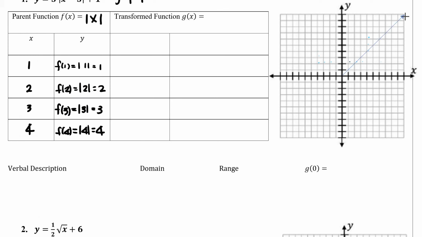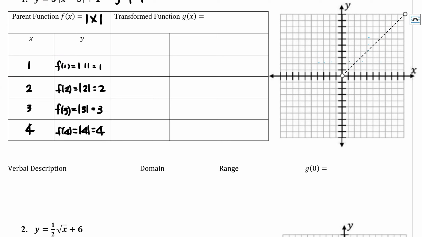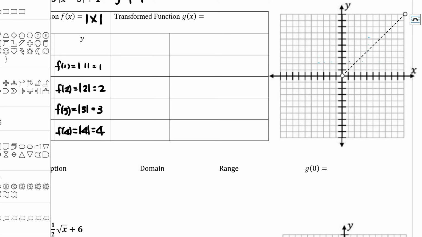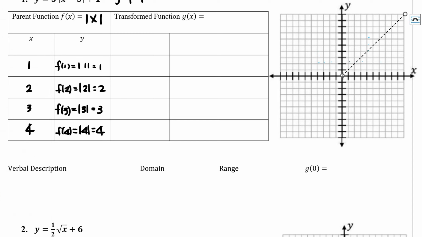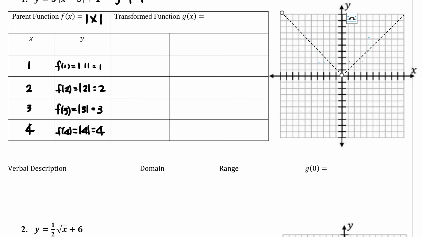This is the absolute value function, and of course we will have another side too, going this way, and that will be dotted as well. It's just my preference to use a dotted line for the parent function. So 1 is 1, 2 is 2, going this way.